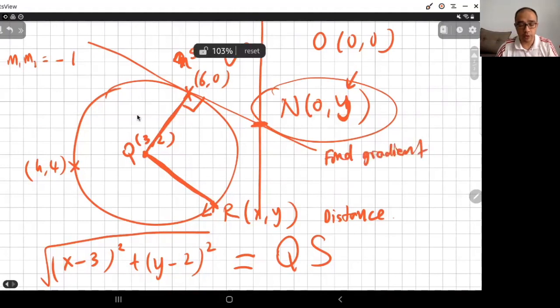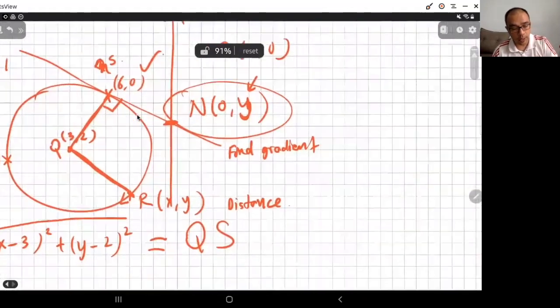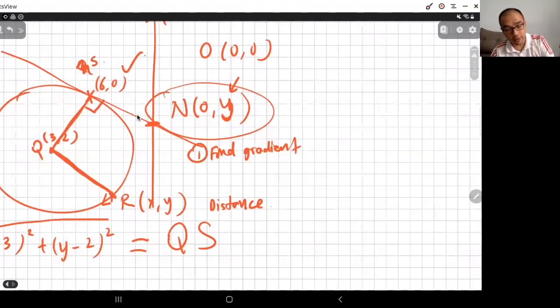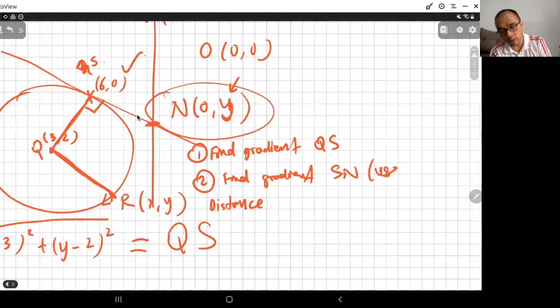I'm going to give it to you step by step now. Number one, find the gradient of QS. Secondly, find the gradient of SN using m1 times m2 equals -1.